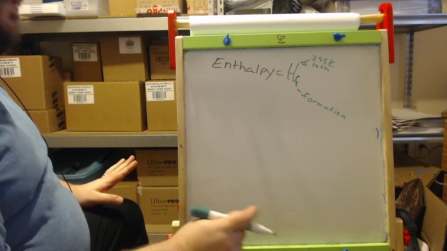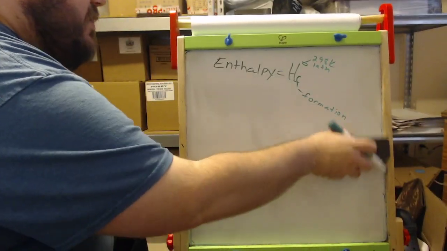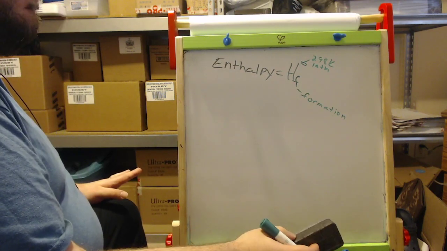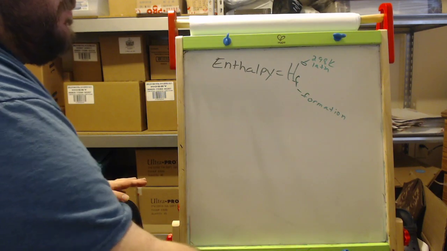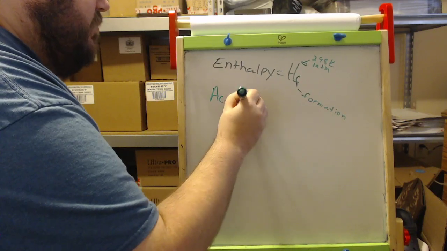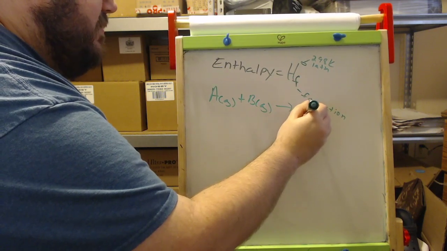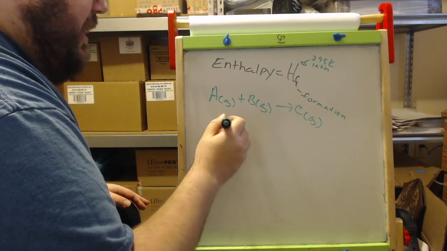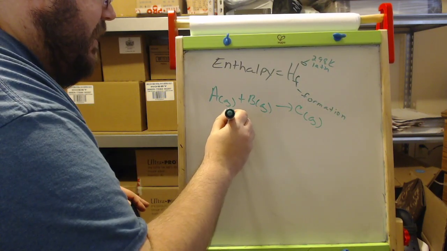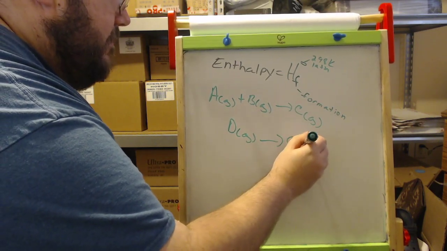Okay? Hess's law basically says that if I know the enthalpy of reactions that make up a new reaction, I could add their enthalpies together. So what I mean is this. Let's say I had A gas plus B gas yields C gas. Okay? And I had D gas breaks down into C gas.